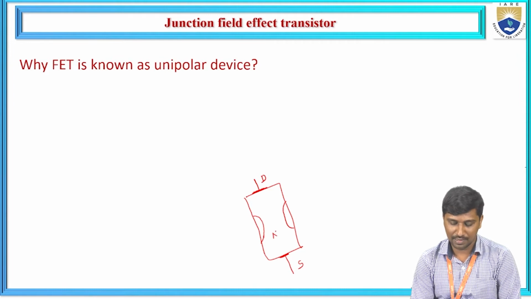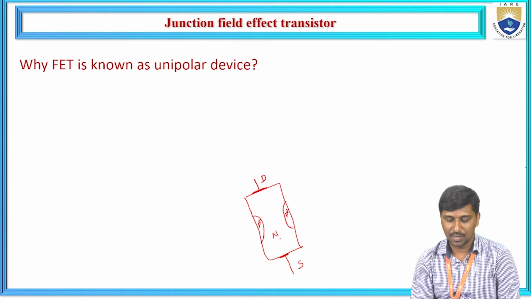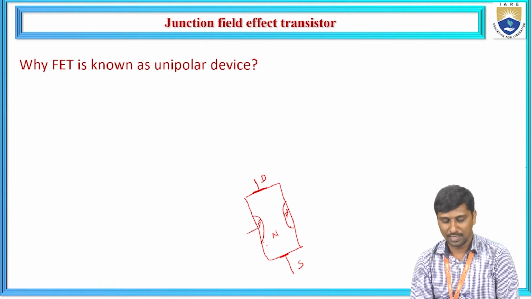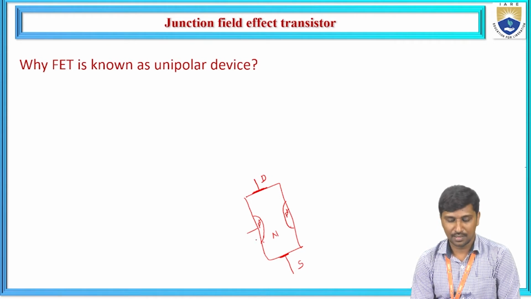If it is an N channel, it is diffused with heavily doped P plus. If it is P, then it is diffused with N. Under this condition, it forms only one PN junction. That is the reason this is called a unipolar device.